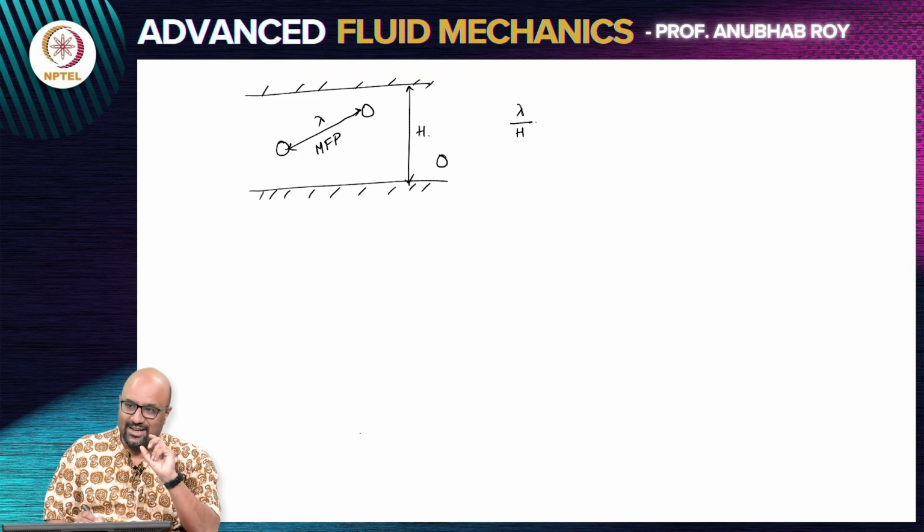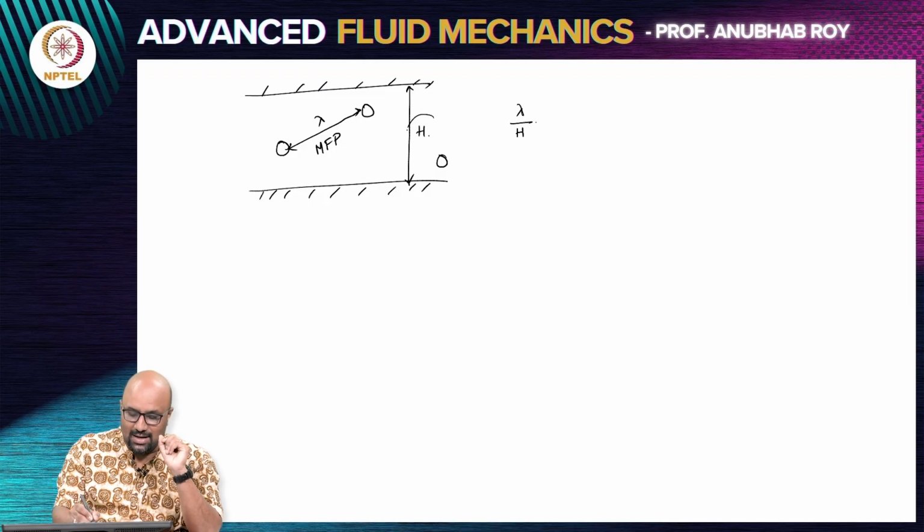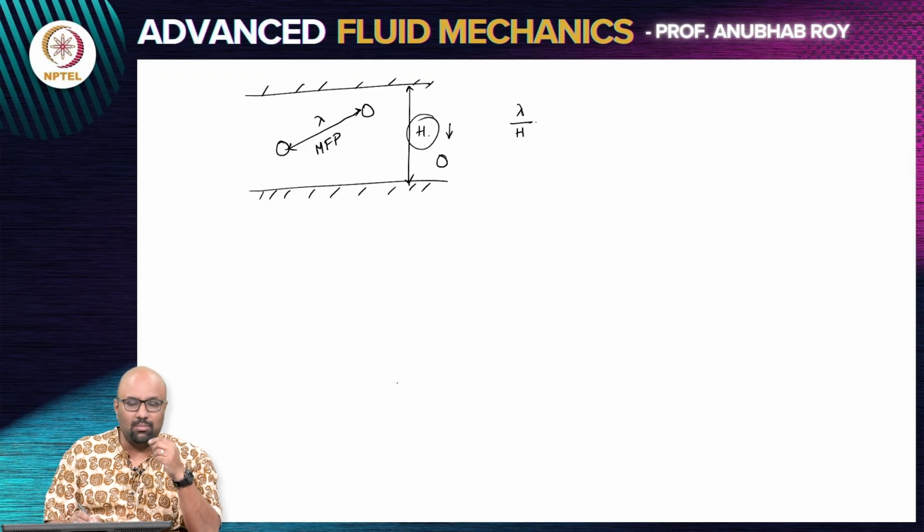So obviously you expect that as the system size goes down and starts to become more and more comparable to the mean free path, the assumption of no slip is going to become a bit suspect.